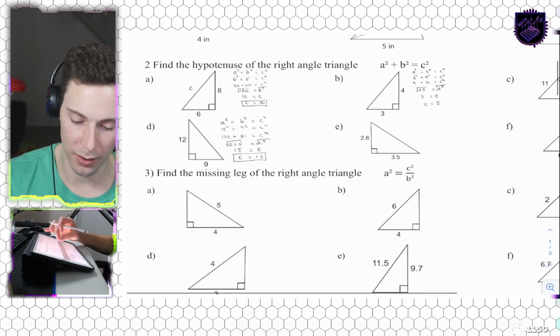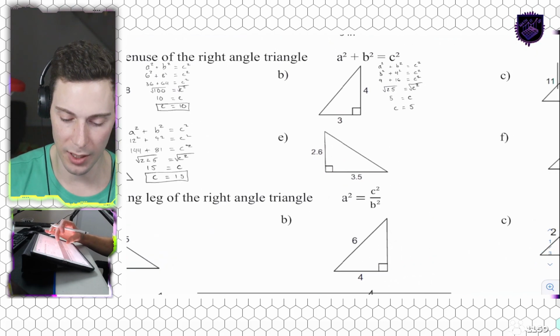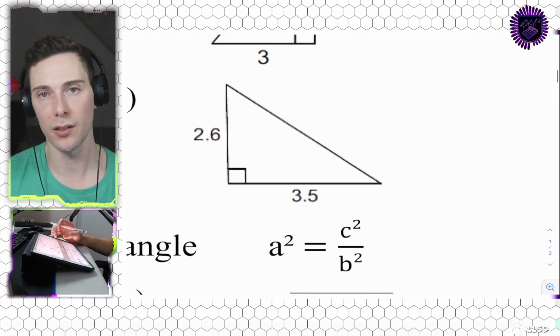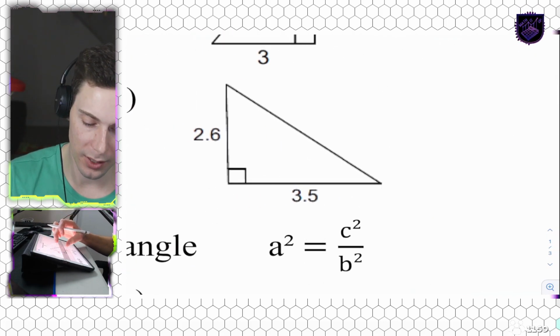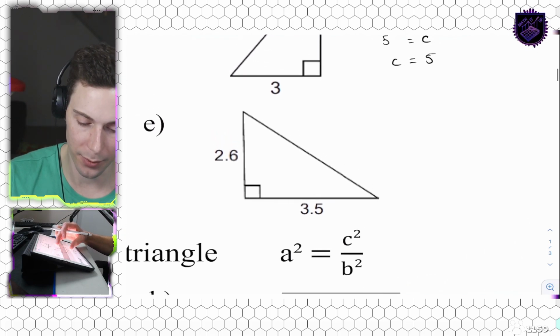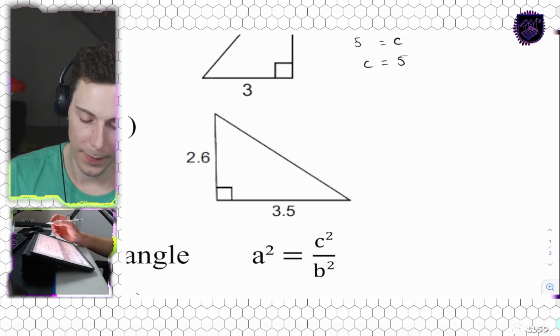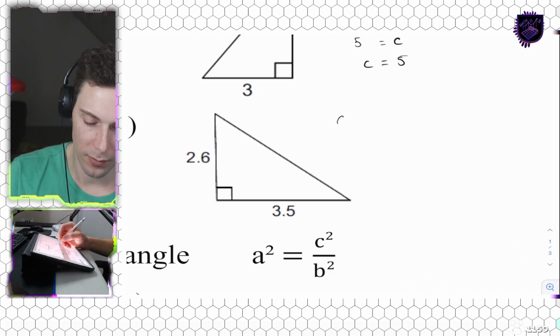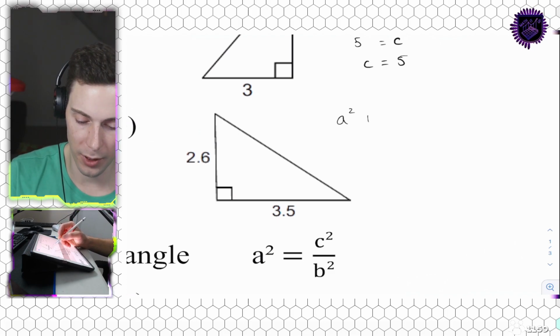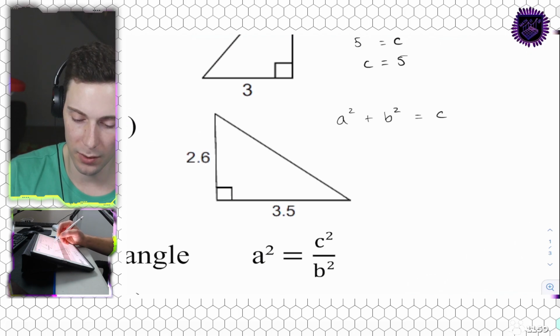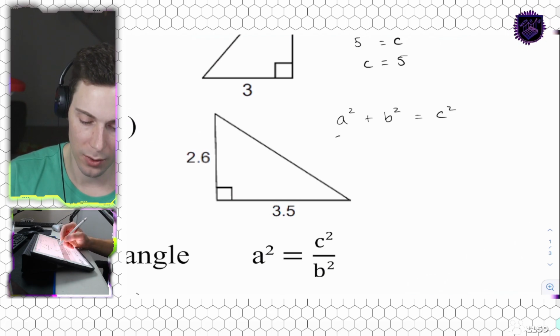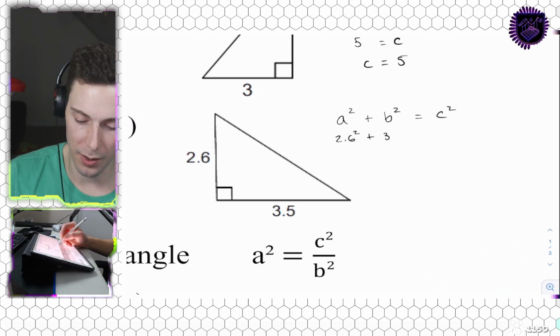All right, so now they get a little bit more complicated. I'm going to skip a little bit and just rely more on my calculator moving forward here in the nature of time. So we'll go a squared plus b squared is equal to c squared. 2.6 squared plus 3.5 squared is equal to c squared.